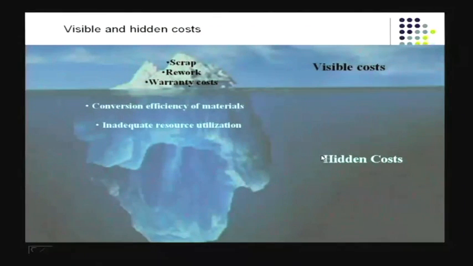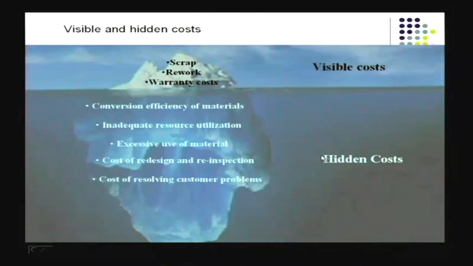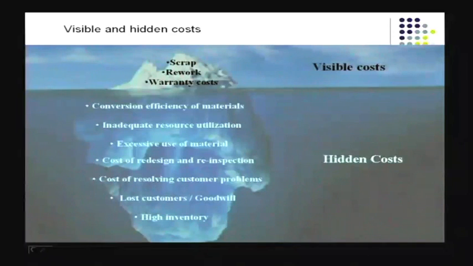Then of course, we've got what we call hidden costs, and look at them appearing one after the other in this slide. I've got certain costs that are visible, which are scrap, rework and warranty costs. Those are the tip of the iceberg, literally. Then there are these other costs which are highly cost intensive: conversion inefficiency, inadequate use of raw materials and resources, excessive use of materials, for example, cost of redesign, reinspection and so on.